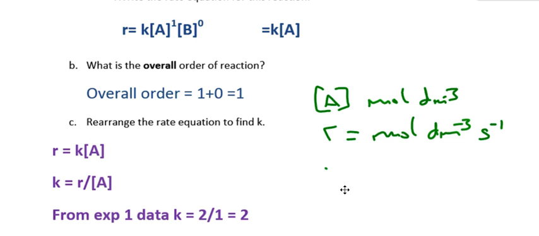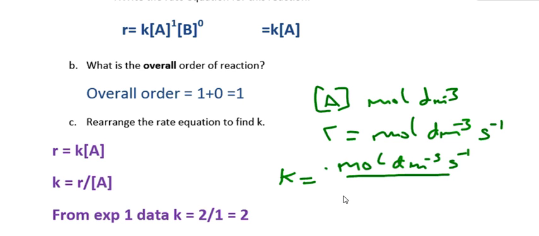So if we put that in our equation, k is equal to the units of rate, mol dm^-3 s^-1, divided by mol dm^-3.